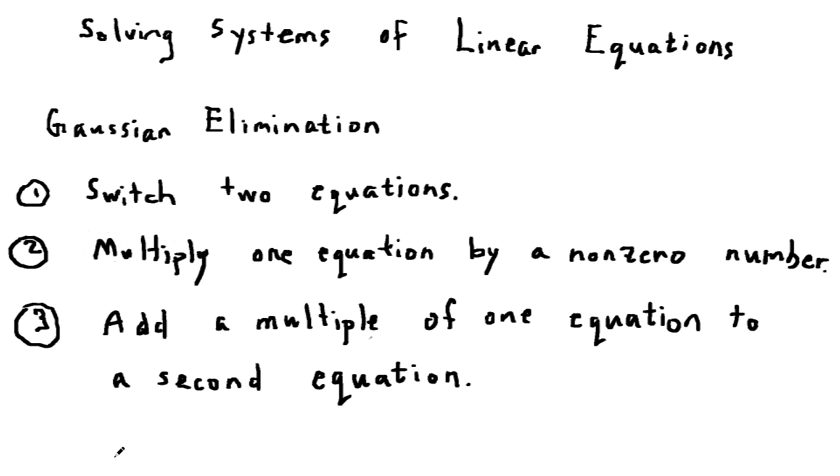Okay, now this set of three things that you can do, that's called Gaussian elimination. This will make a lot more sense if we look at some examples. Okay, let's do one example here.